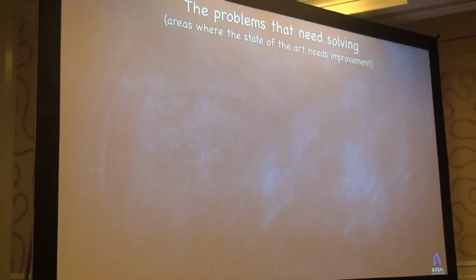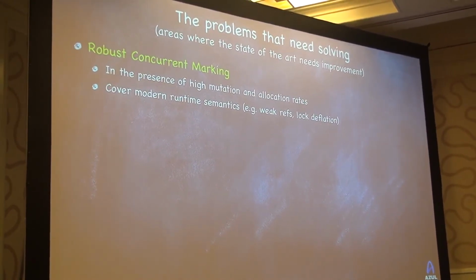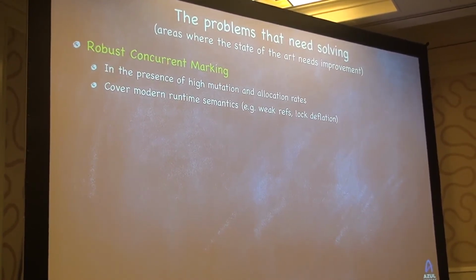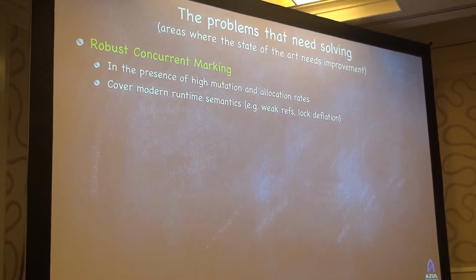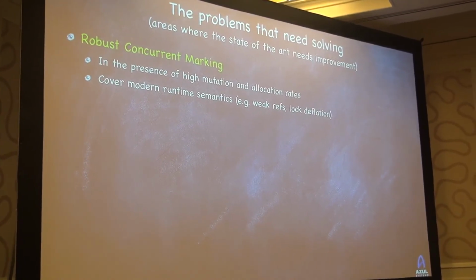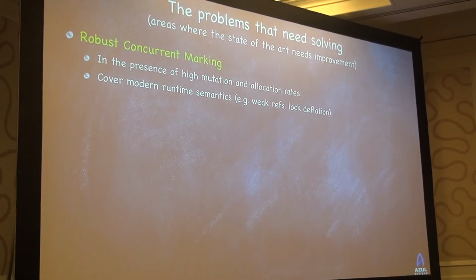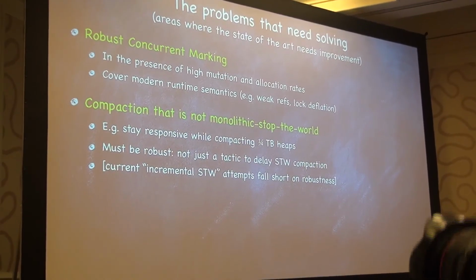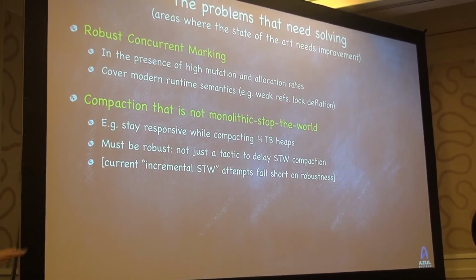Now, to do that, there are a few things that need to be improved. First is robust concurrent marking. We have concurrent marking, but it only works up to a certain speed. And then it starts falling behind and falls back to the full GC. That's called a concurrent mode failure. How many of you have seen that? Compaction also needs to be at least not monolithic stop-the-world, and hopefully robust.